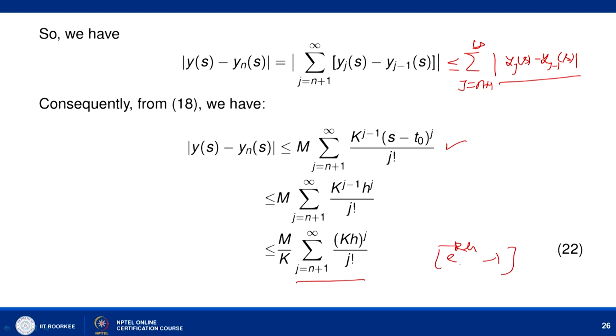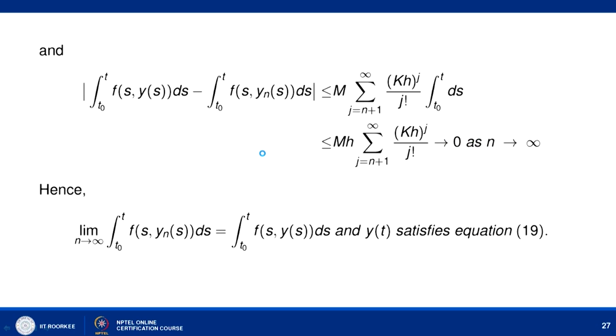This is the tail of the series of e to the power Kh minus 1, and we know that since this series is convergent, as n tending to infinity this tail is tending to 0. So as n tending to infinity, the modulus of y(s) minus y_n(s) is also tending to 0, and this implies that this is also tending to 0.